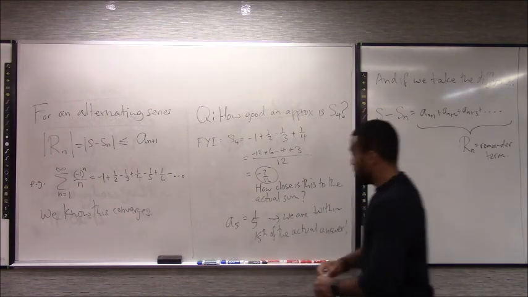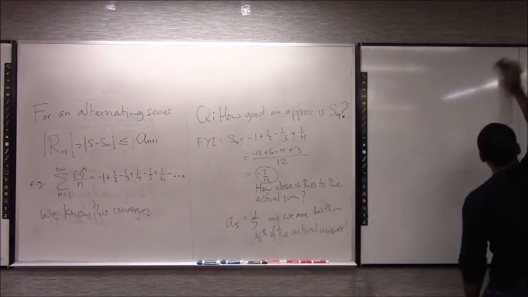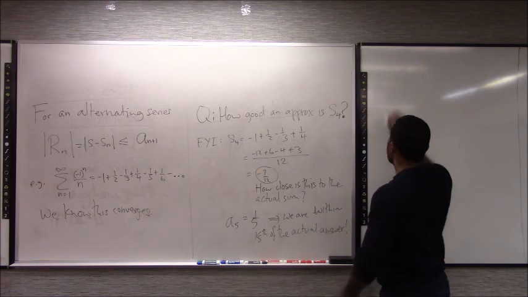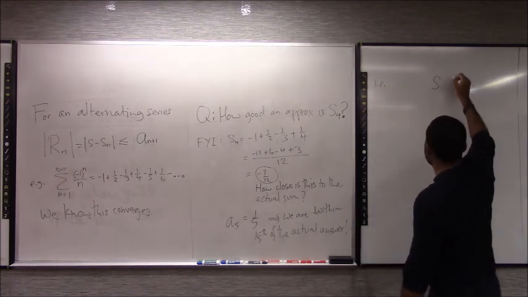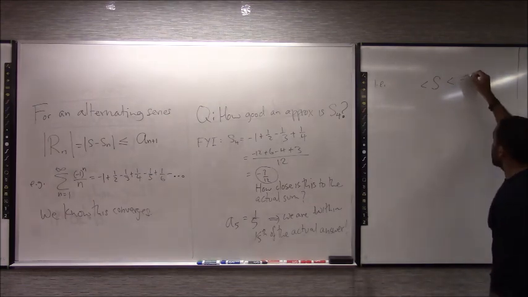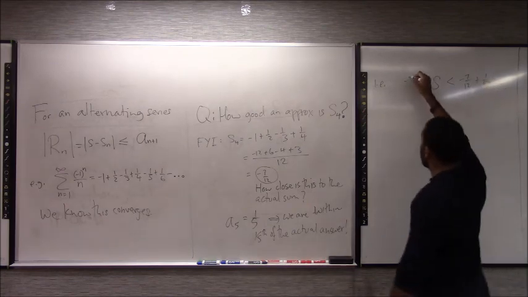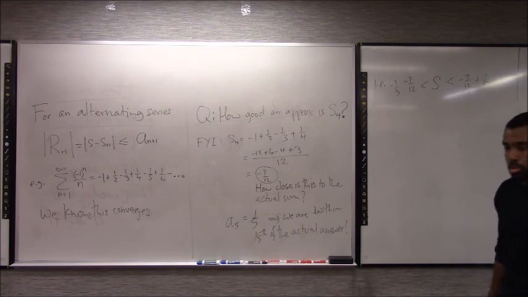In other words, the actual sum of this series is going to be between -7/12 plus 1/5 and -7/12 minus 1/5. The actual answer is somewhere between those two numbers.